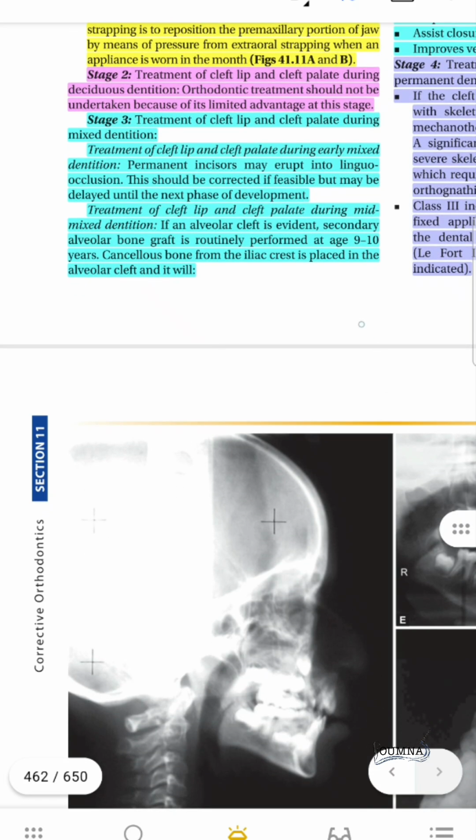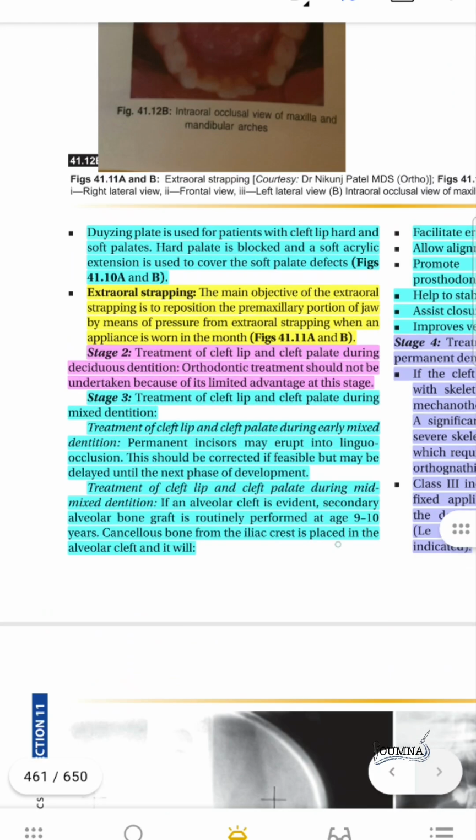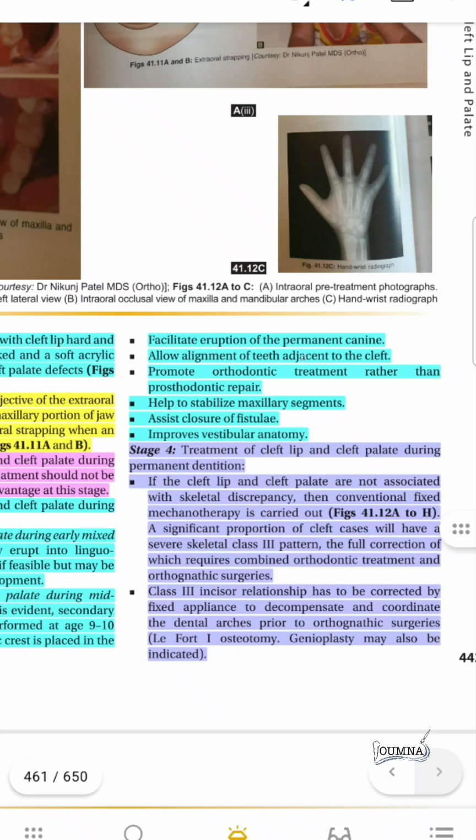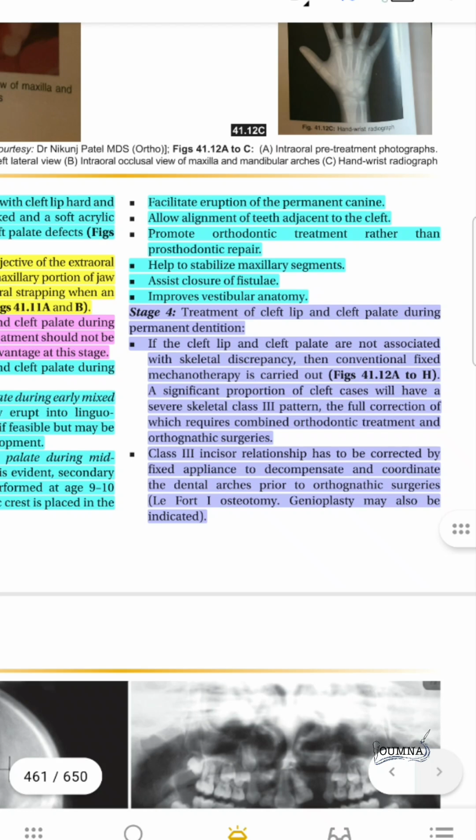So, the best time for doing treatment is during the mixed dentition, where a secondary alveolar bone graft is performed at age 9 to 10 years, that we take from the cancellous bone from the iliac crest, and it is placed in the alveolar cleft. It facilitates the eruption of the permanent canine and allows alignment of the teeth and improves the vestibular anatomy.